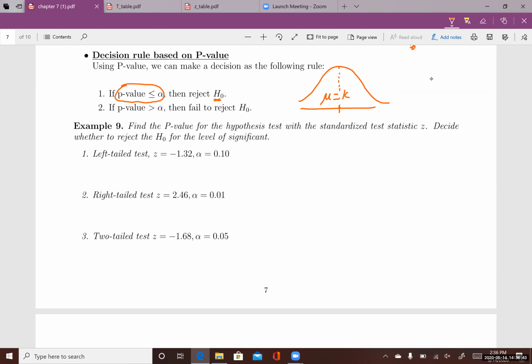If you reject the null, that means the mean of the population that you are claiming should not follow this distribution, should be different. If you fail to reject the null hypothesis, that means you do not have enough evidence to reject the claim that the population mean is about k.